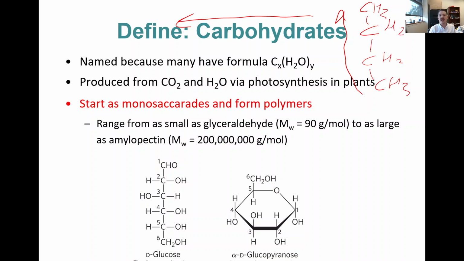In contrast to that, the carbohydrates are still based upon this carbon, but they have water molecules, H2O, across the carbon. So rather than it being CH2, it might be CH, OH, and then we have the CH2O. And because of that, it's going to be a lot more hydrophilic rather than hydrophobic.